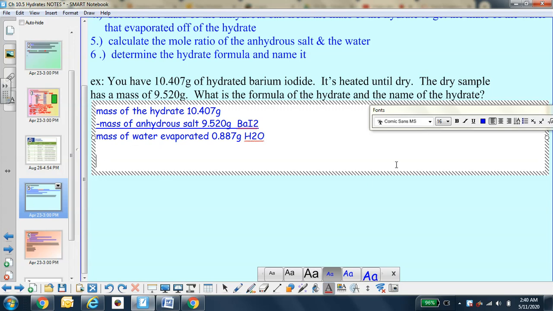So the first thing we do is we take the 9.520 grams of barium iodide. We are going to convert it into moles. 1 always goes with the mole. We need to divide by the molar mass of barium iodide.